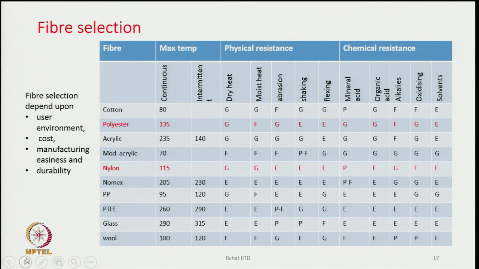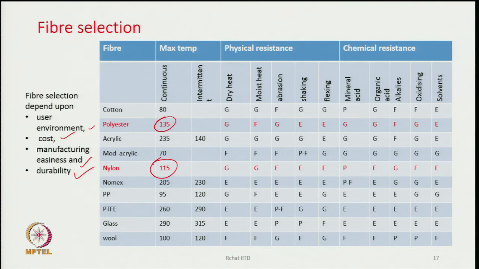From here we can see that the filter fabrics which will be very suitable for this are polyester and nylon. We are not going into details, keeping in mind user environment, cost, manufacturing easiness and durability.